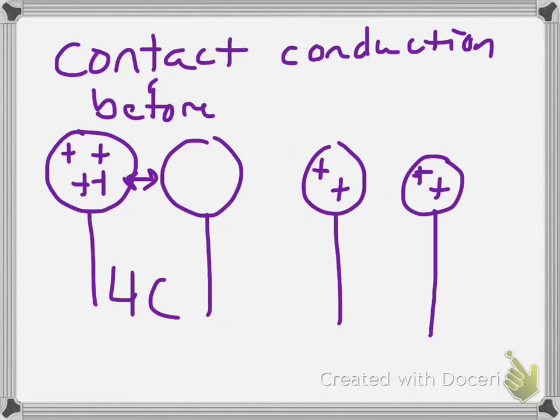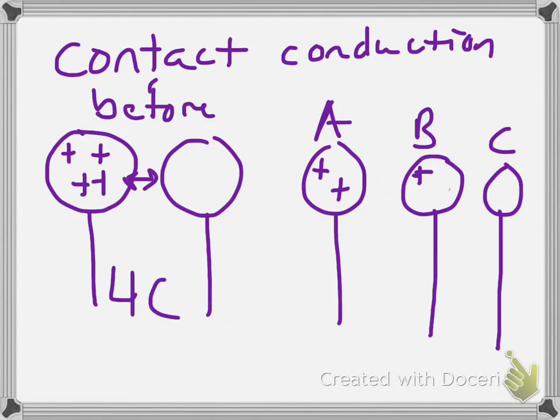Sometimes they'll then throw in a third sphere, and then they'll say that, if they label these A, B, and C, A comes into contact with B, and then B comes into contact with C, which means that our final charges are then going to be A with 2, but then after B comes in contact with C, they split each other in half. So each one, B and C, has 1 charge. So that's conduction, charging by contact.